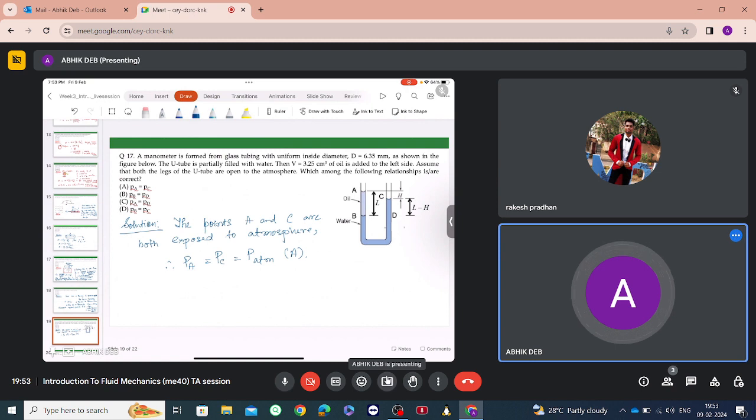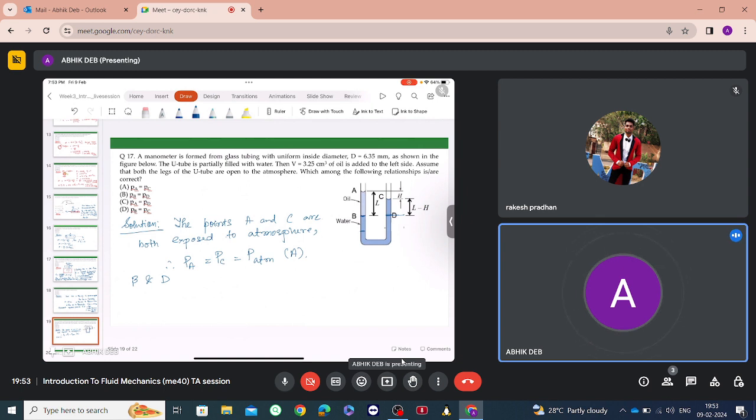Now PB equals to PD. See, B and D are the points at the same level of the same manometric fluid, that is water. So if the oil was still here and the point B was here, then the points B and D would not have equal pressure.